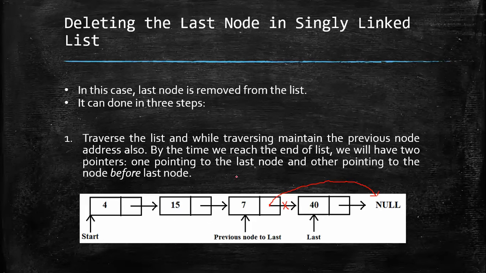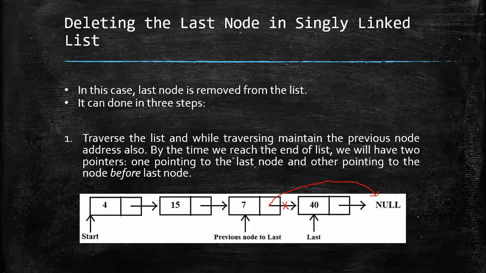So to do this, our steps are, we have to traverse from start to last, as well as maintain a pointer which points to the second but last node.